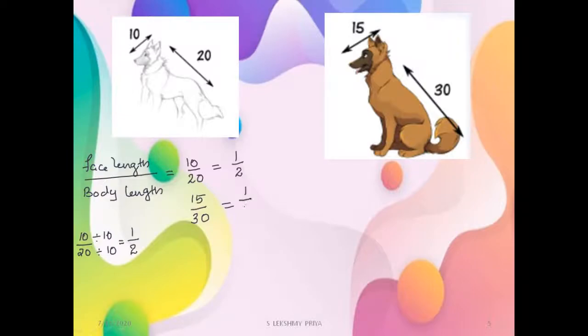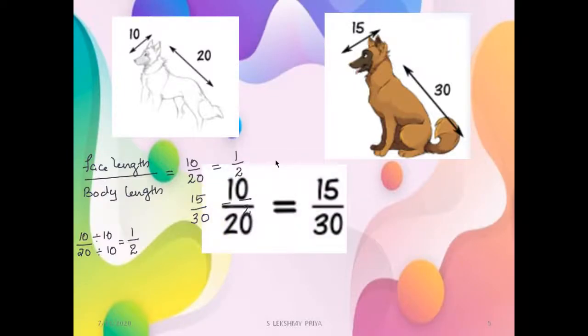The answer will be 1 by 2. Yes, the two ratios are equal. So we can write these two ratios or these two fractions are equal in another way, like 10 is to 20 equal to 15 is to 30.